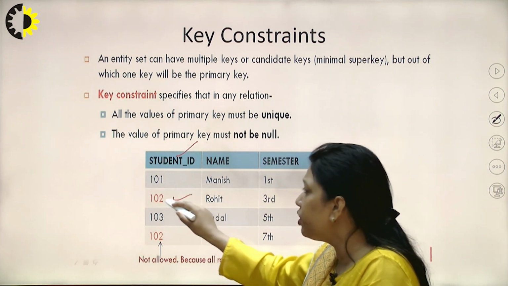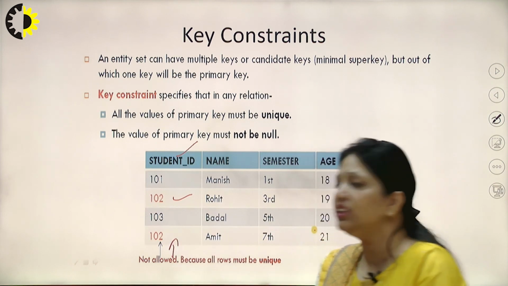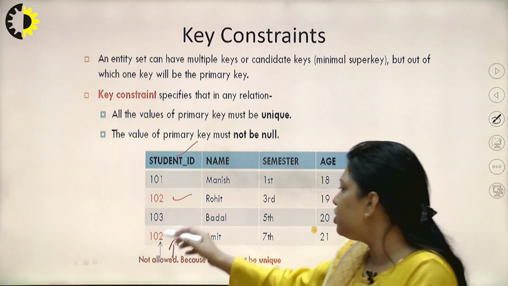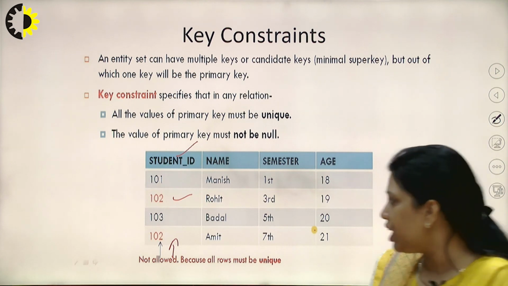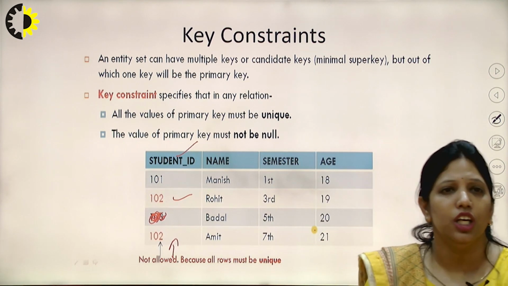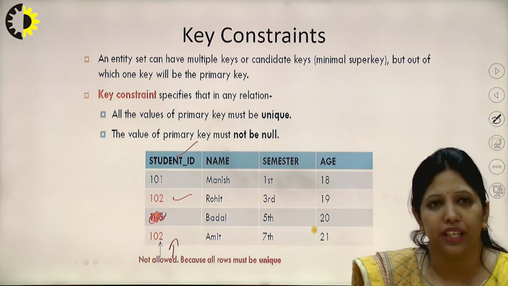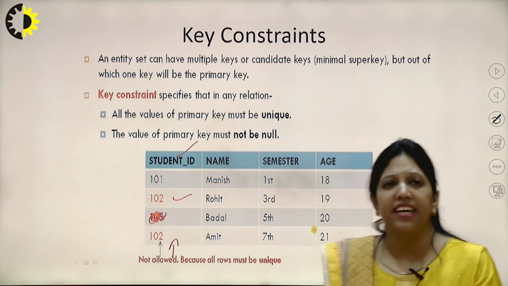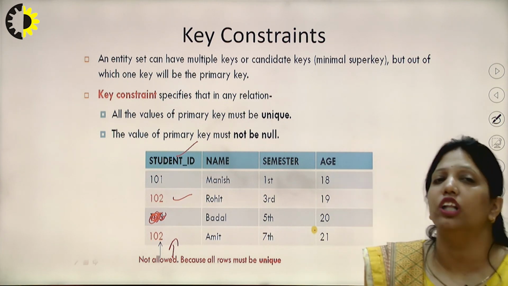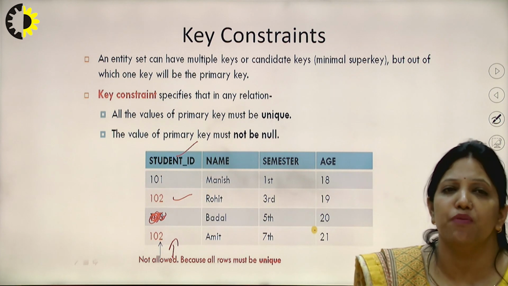This is not allowed because 102 is already here, and we again want to insert the value 102. So this is not allowed because all rows must be unique. And this is also not allowed if we do not insert 103 here, so null values are also not allowed in the primary key. So whenever we apply any key constraint, we have to check that all the values of the primary key must be unique, and the value of the primary key can never be null.